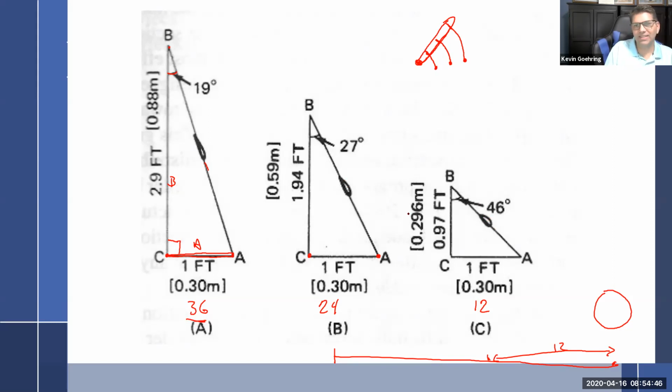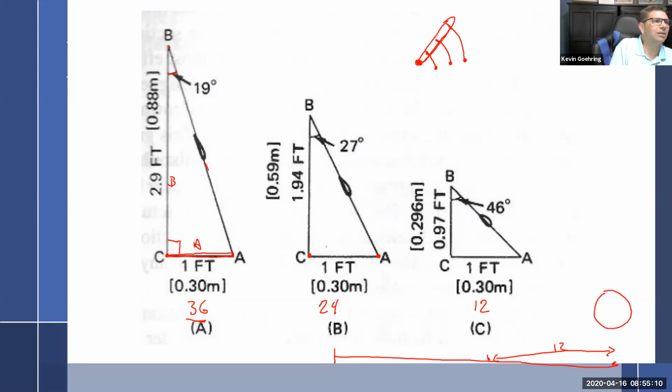So this was a little bit flatter, this has a little more pitch, and this has a whole bunch of pitch. The root had a whole bunch of pitch, the middle had not as much, at 46, 27, and 19 degrees.